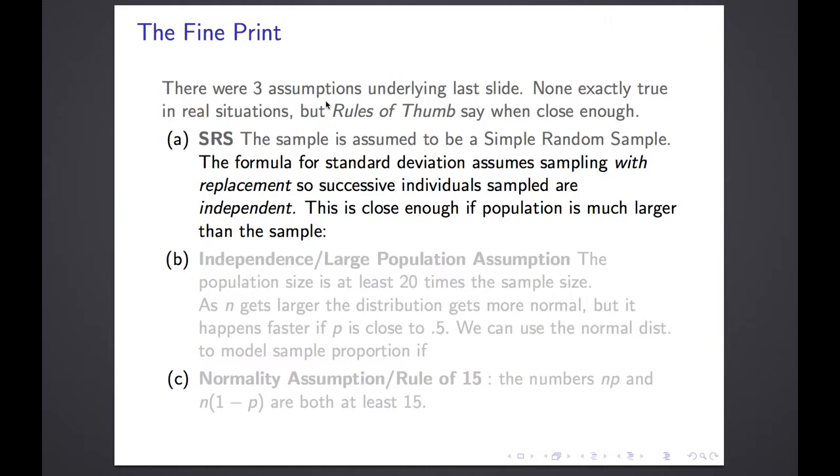Life got more complicated. Remember the example when we drew two cards. If the first card was an ace and we don't put it back, there are now fewer aces. The probability of an ace goes down. Drawing cards is just like picking people for a sample. If I pick somebody who doesn't believe in God first for my sample, then the number of people in the population who don't believe in God has gone down. That makes the calculation of the probabilities more complicated.